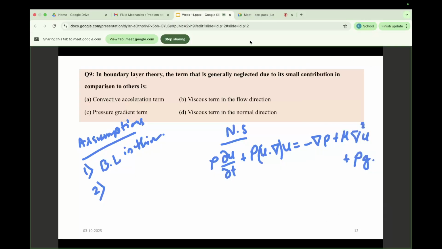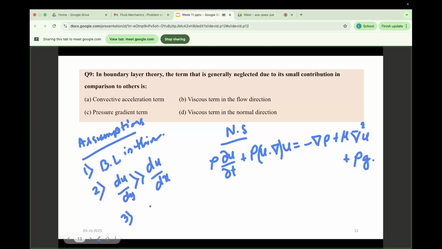So the next one is that the velocity gradient term du/dy in the y direction should be quite greater than du/dx, right? That means this one should be negligible.